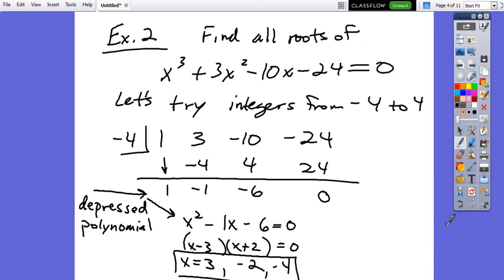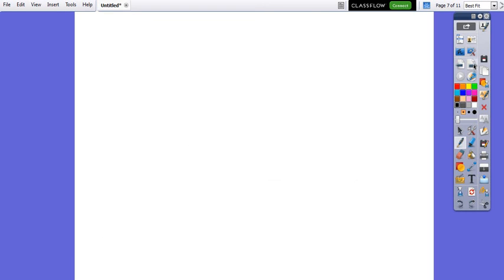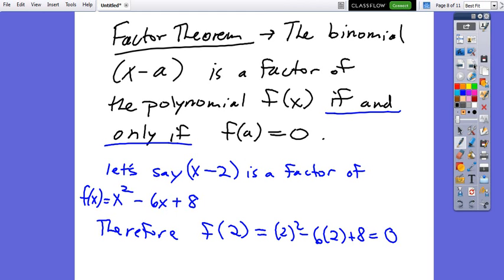All right. Now, I want you to write down the factor theorem. So this goes right along with what we just discussed, that the roots are the opposite value of what's in the factored form. So copy this down.